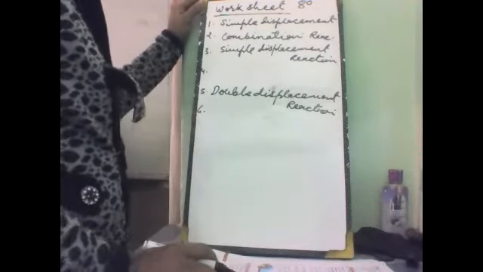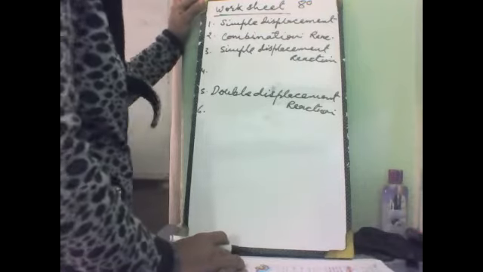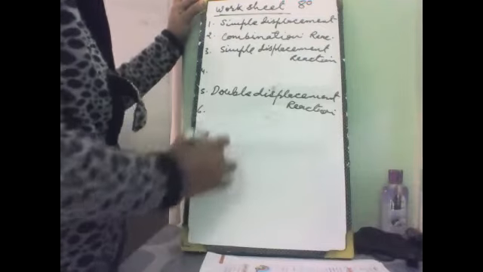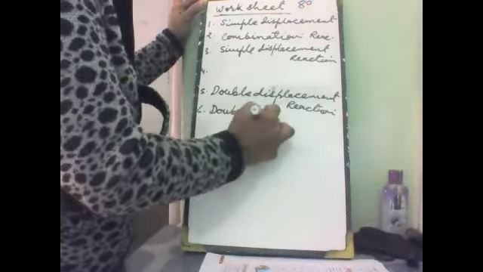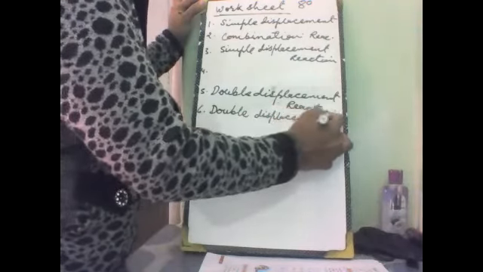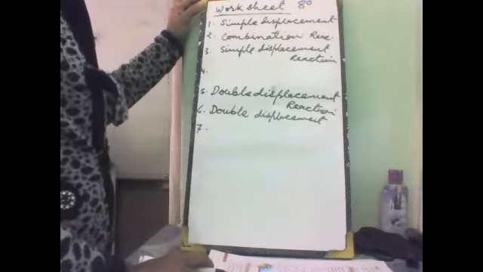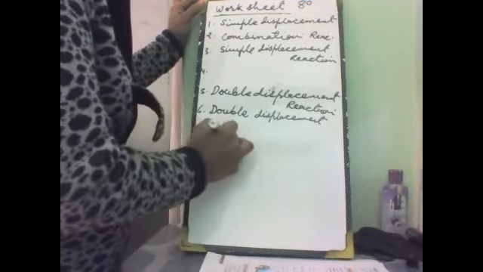Magnesium chloride reacts with sulfuric acid to form magnesium sulfate and HCl. It is also a double displacement reaction. Nitrogen reacts with hydrogen to form ammonia. It is a combination reaction.